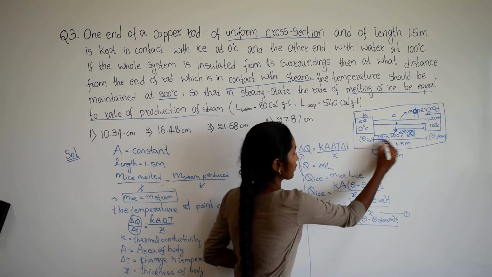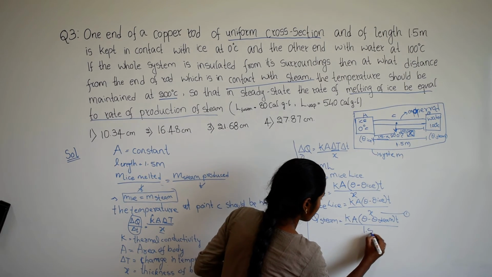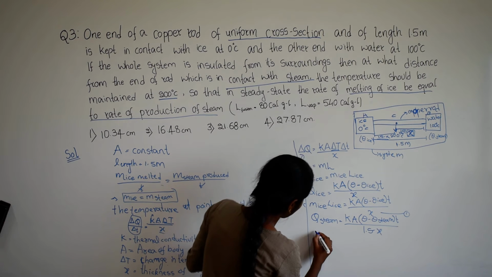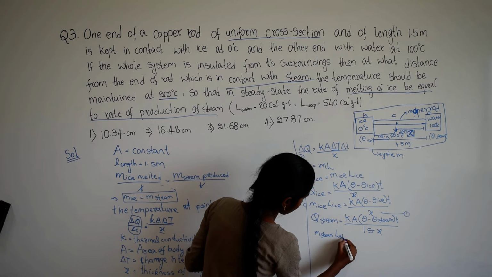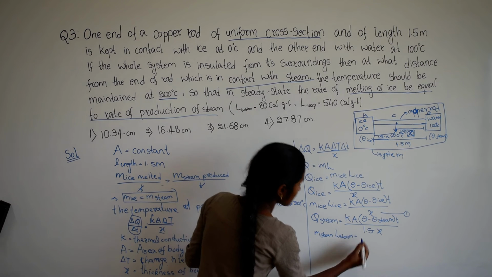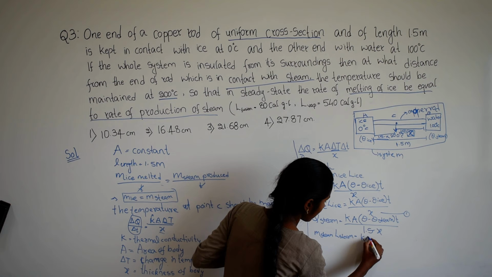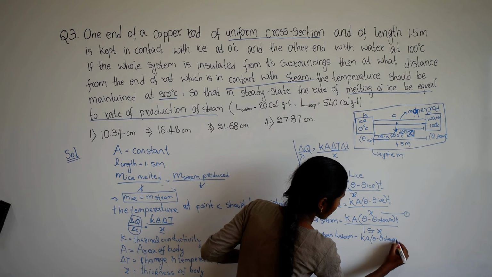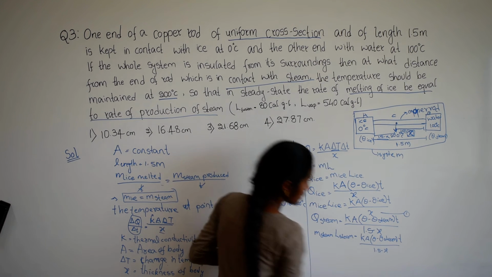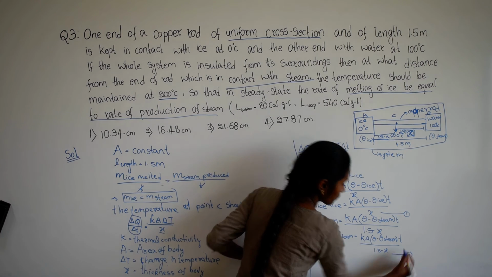That will be 1.5 minus x. Mass of steam into latent heat of steam is equal to K A theta minus theta steam into t by 1.5 minus x. Let us call this equation 2.